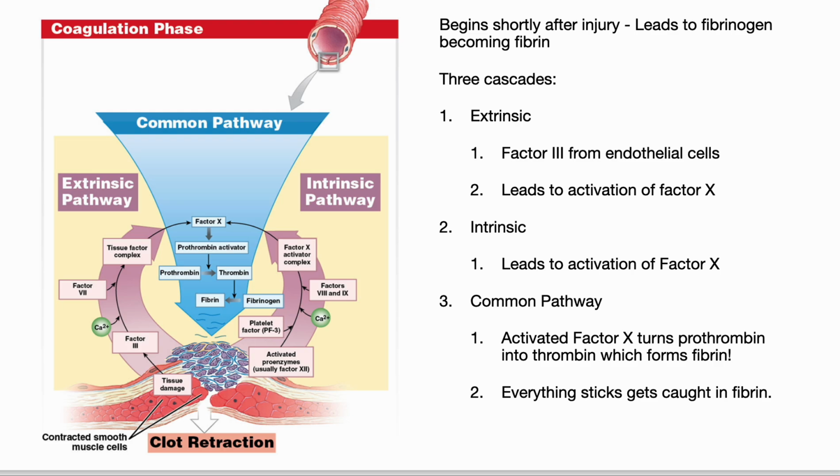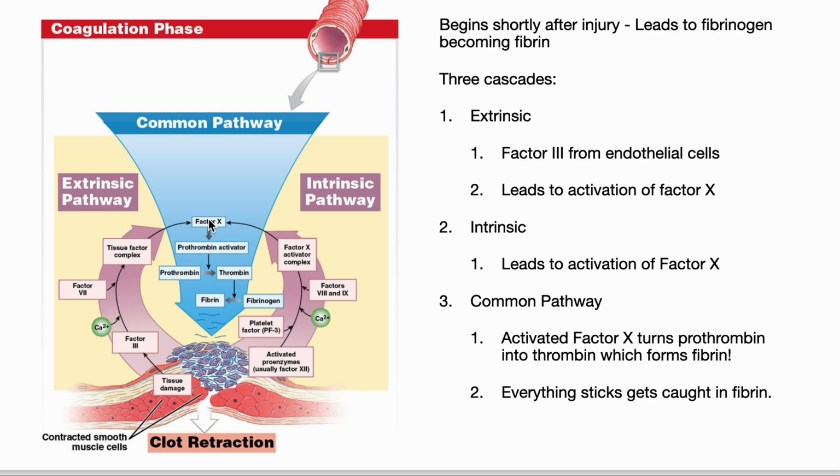So in the extrinsic pathway, that's over here, from cells in the damaged area, we're going to have factor 3 that along with calcium will form factor 7, which will lead to a tissue factor complex that activates factor X. So let's just sum that up in way shorter terms.